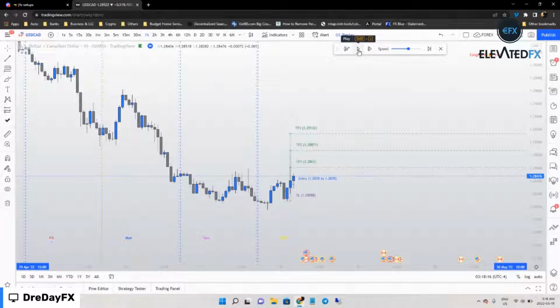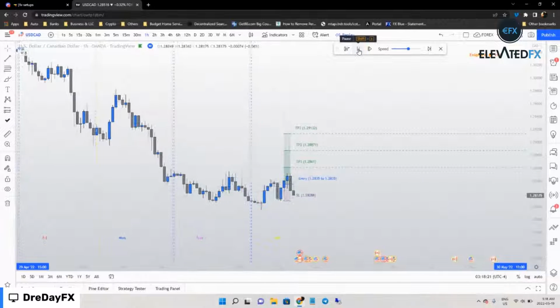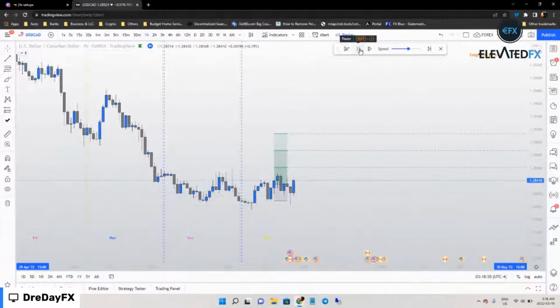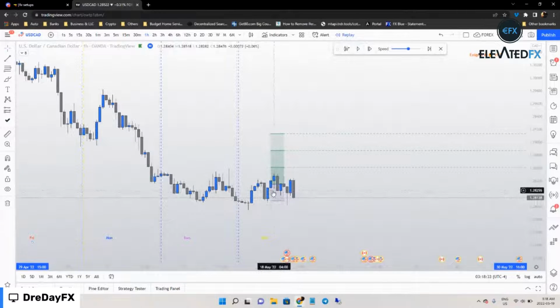But let's continue with the replay. In that case, if my stop loss was here, I would hit my stop loss. And if you look at the actual trade, if you had your stop loss right here, you would have been in the trade for 1, 2, 3, 4 hours, basically 5 hours if you include this candle.